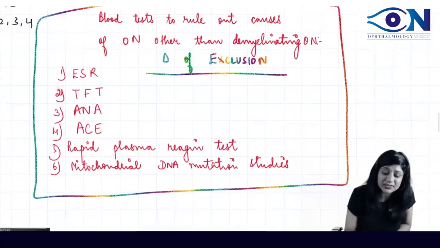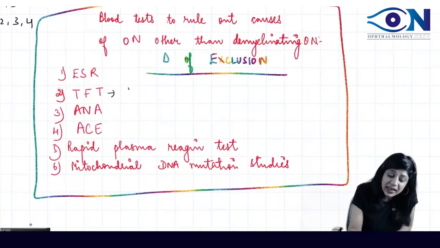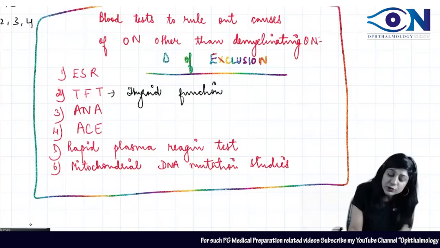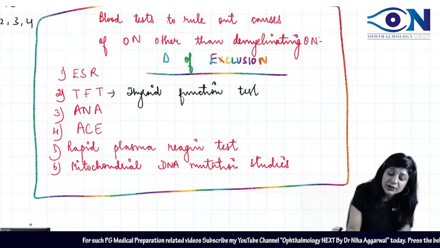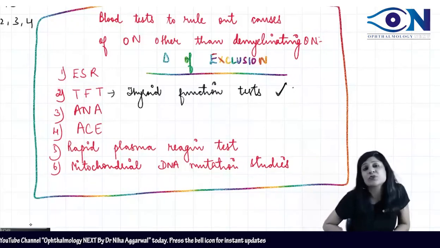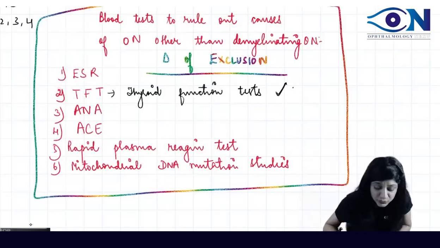Number one is the ESR. And you will be surprised to know that second, they have given the thyroid function test. You have to do the thyroid function test also in order to make a diagnosis of optic neuritis, because we have to rule out. It's a diagnosis of exclusion.